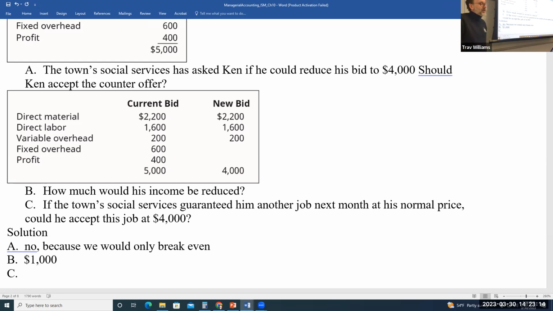Now, the last question here: if the social services department agreed to give an additional job if they accepted this job for 4,000, so the company takes this job at break even but gets another job, then should they do it? Kind of depends on that other job, right? If the other job is also going to break even, then no thanks.